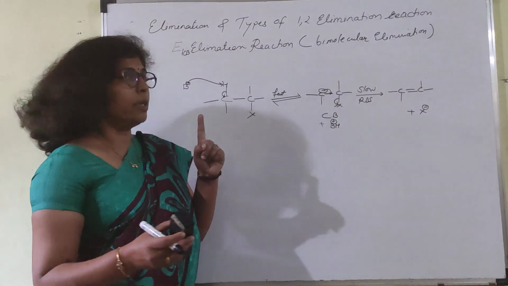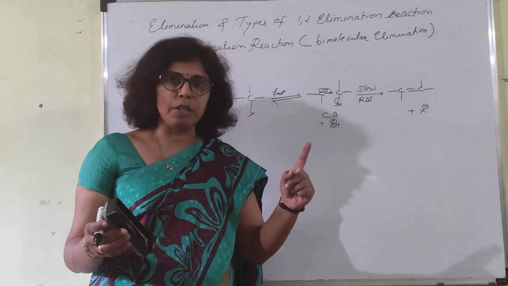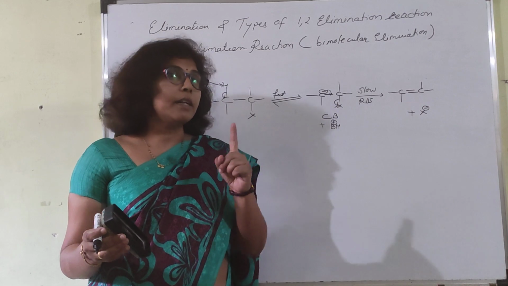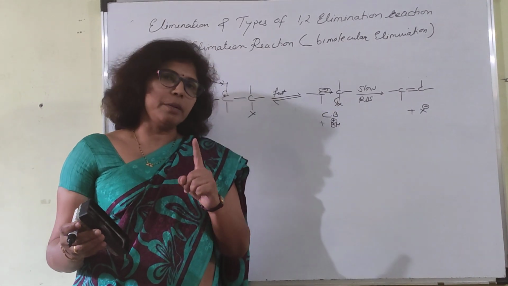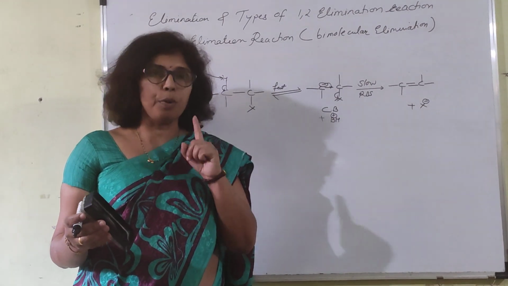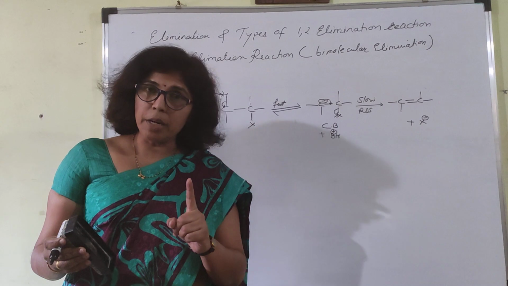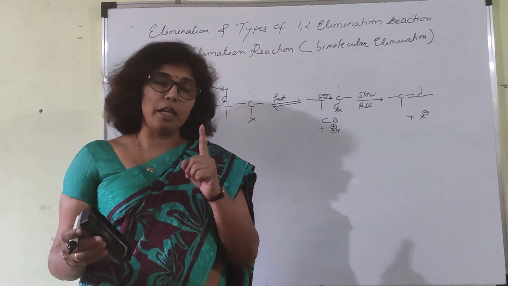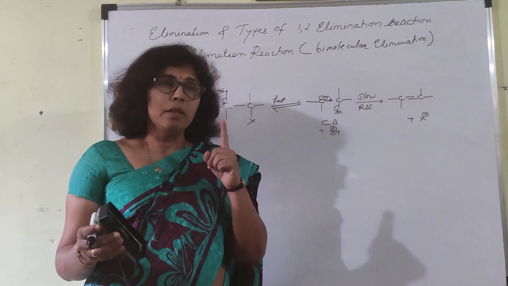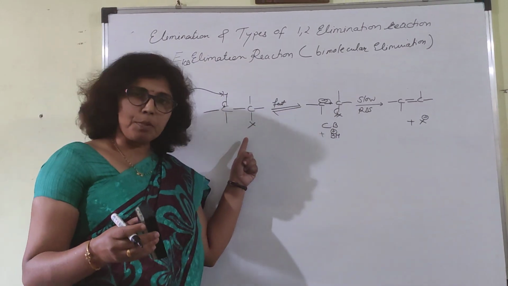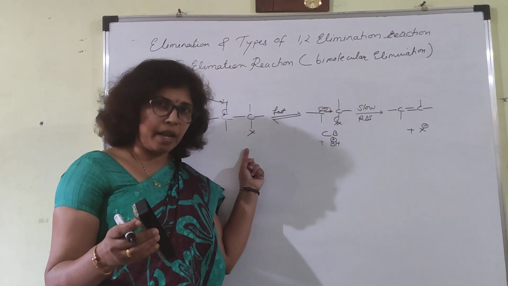In case of E1 elimination reaction, it is similar to the SN1 reaction, where carbocation formation is a rate determination step, and since only the substrate is involved in the rate determination step, it is called a unimolecular elimination reaction. In case of E2 elimination, the transition state is the important step, or the rate determination step, and in the transition state both base as well as substrate are essential, therefore it is a bimolecular reaction.